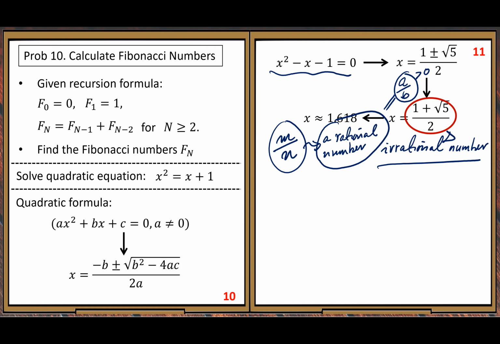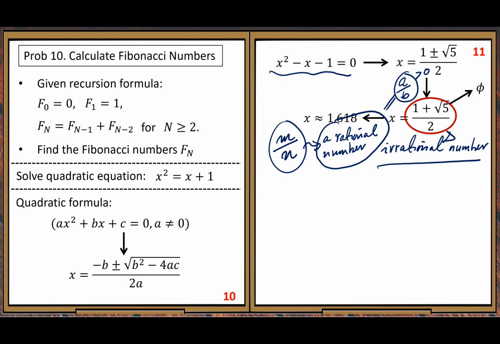Anyway, here we derived this so-called golden ratio number formula, but we don't like to write the whole expression 1 plus root 5 over 2 all the time, right? Because it takes some time to write it. Not fast.